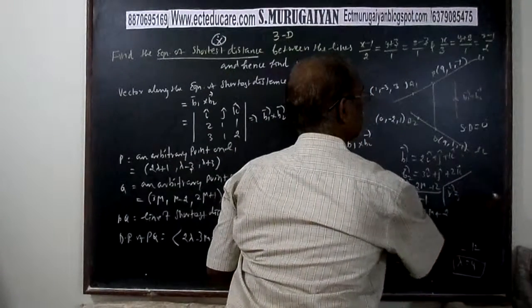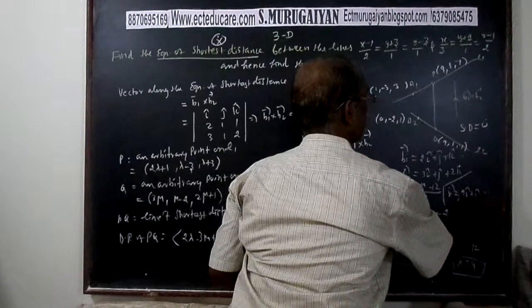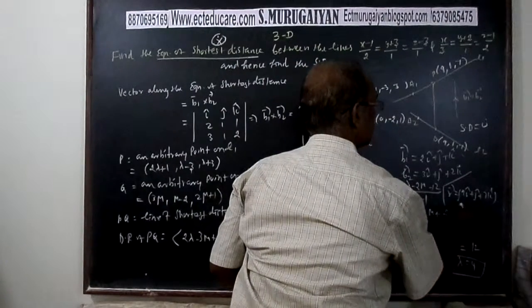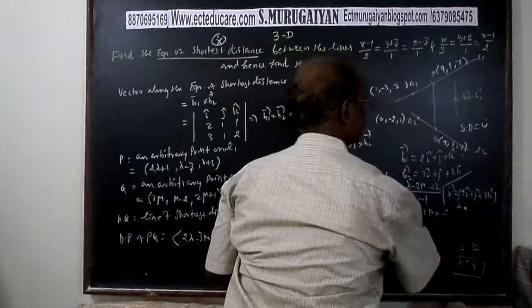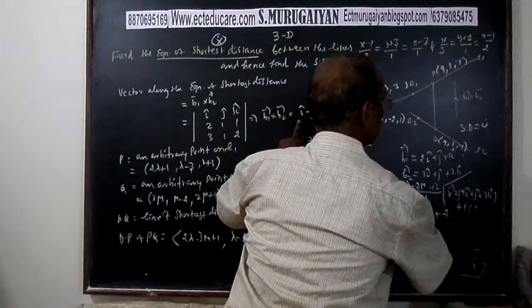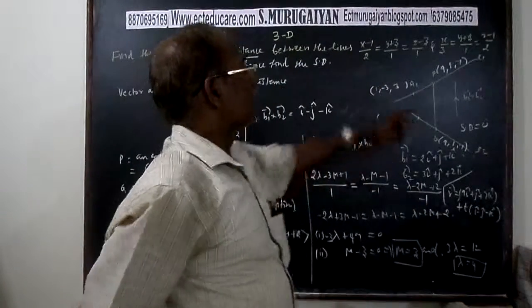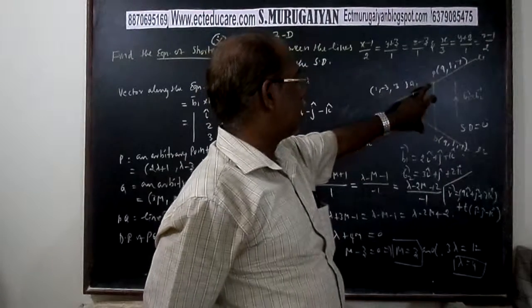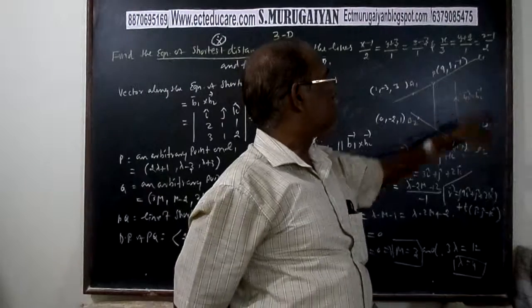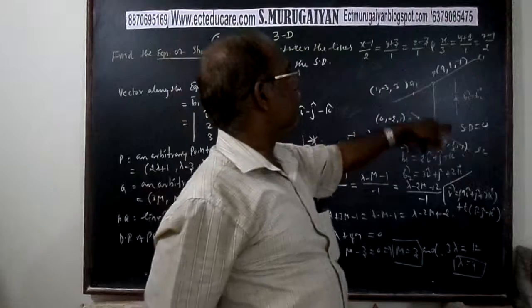R vector equal to 9i plus j plus 7k plus some scalar, we can avoid lambda mu, some t times b1 cross b2 vector, i minus j minus k. Listen, because of the coincident point, this becomes an intersecting line. So the line through the intersection point and parallel to B1 cross B2 is perpendicular to both lines. Intersecting line perpendicular to both.